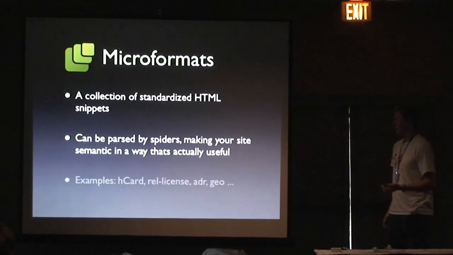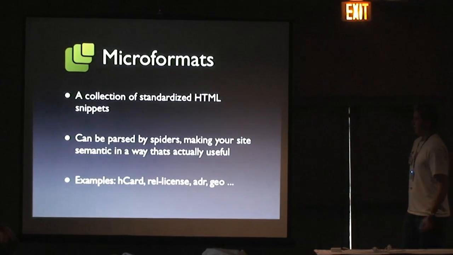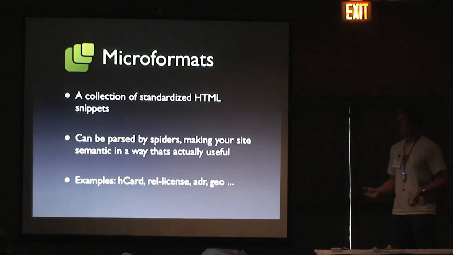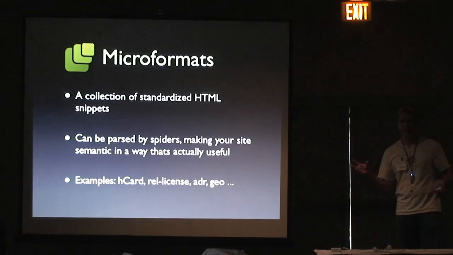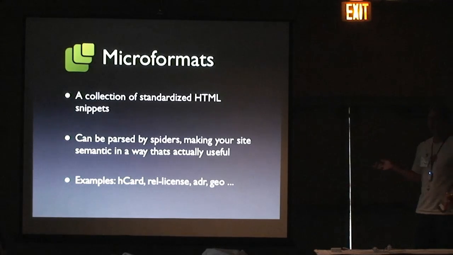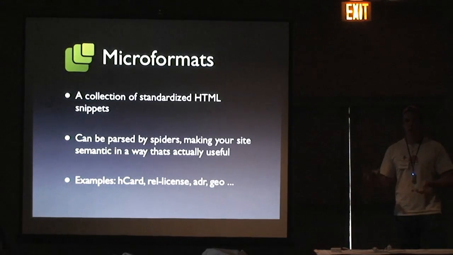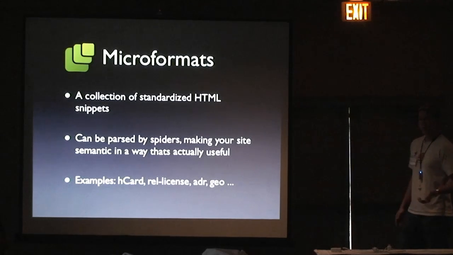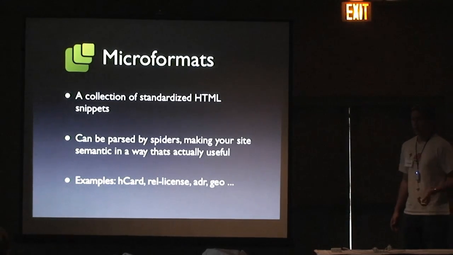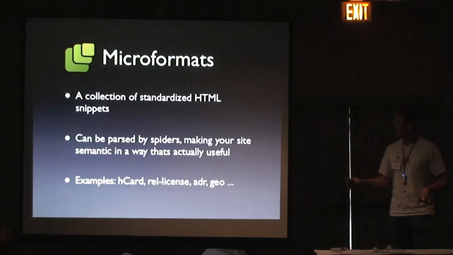Some applications to that are, for example, hcard, which is a microformat describing people, meaning if you have a set of records expressing contact information, then hcard is what you would use, and any spider coming to your website could read it. Like a vCard, yeah, but just expressed in HTML.